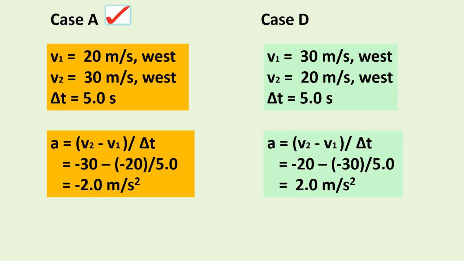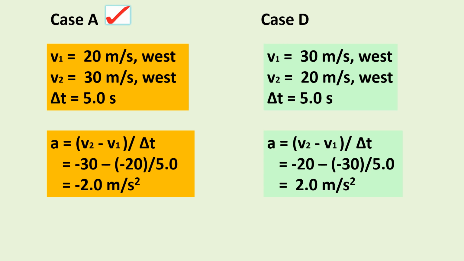Using the same formula, the final velocity is negative 20 meters per second, minus the initial, which is negative 30 meters per second, all over 5 seconds. So we get a value for the acceleration, which is 2 meters per second squared. In other words, the acceleration is positive.